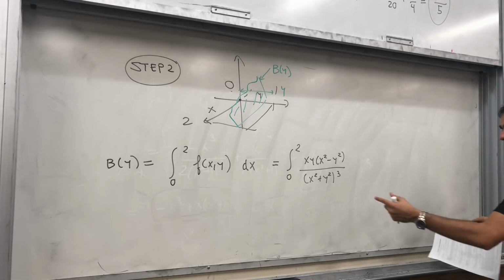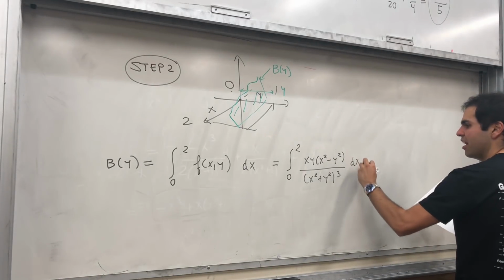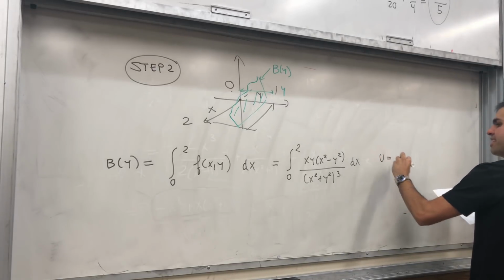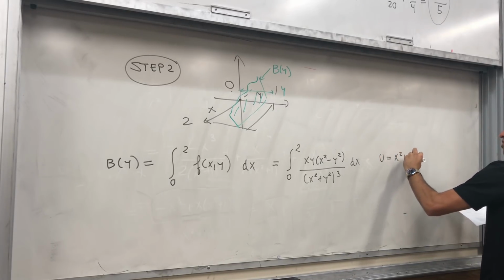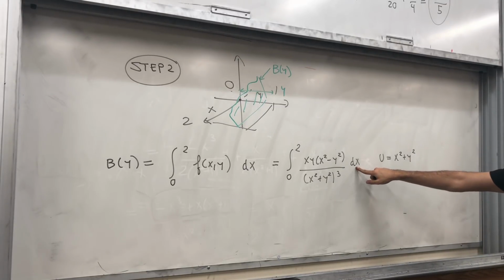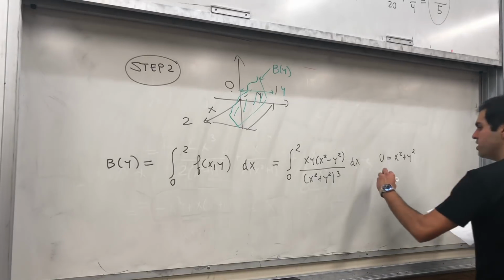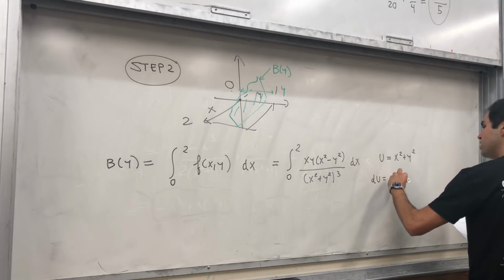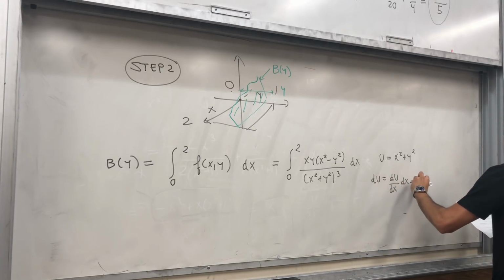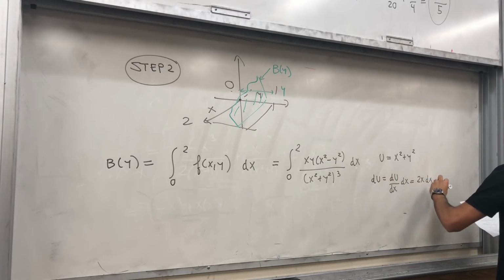And again, ideally we would like to get rid of that denominator. So in this case, let u be x squared plus y squared, except in this case we integrate with respect to x. So du equals 2x dx.